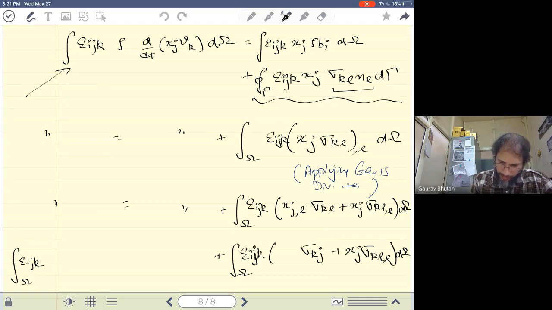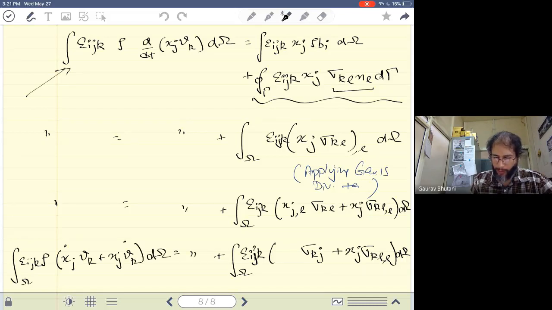So this becomes xj dot vk plus xj vk dot times d omega. And then we have the second term, which is the body force term, which we won't touch. So, let's copy this equation on the next page and then simplify this further.